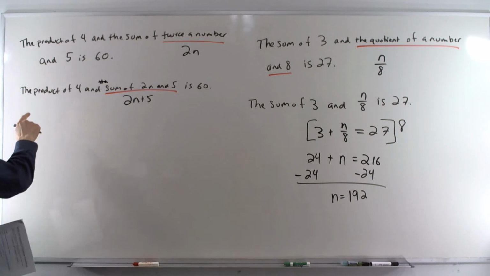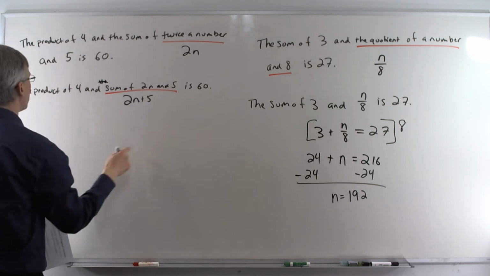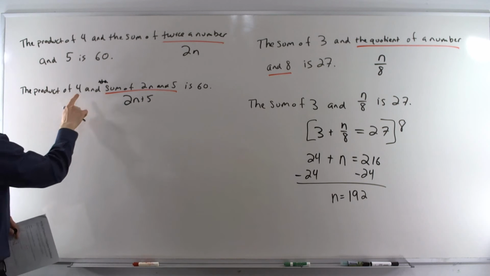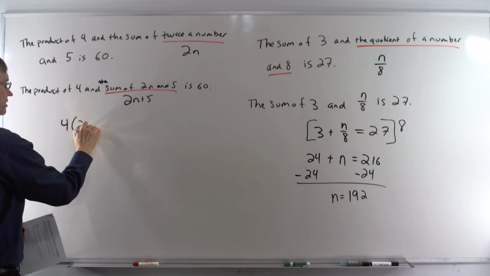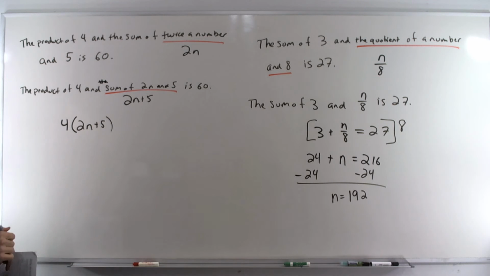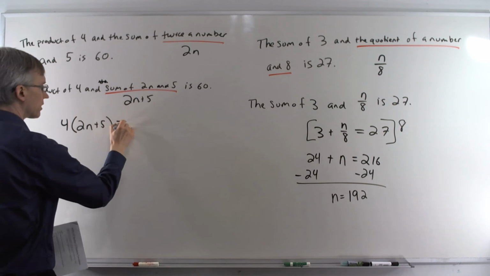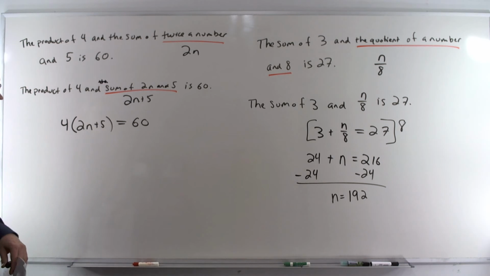Now we need to translate the product of 4 and this thing is 60. Product is multiplication, so we're going to go 4 times this thing. Got to put it in parentheses because we're multiplying by this entire expression. "Is" is the equal sign, 60. Now we can solve this.